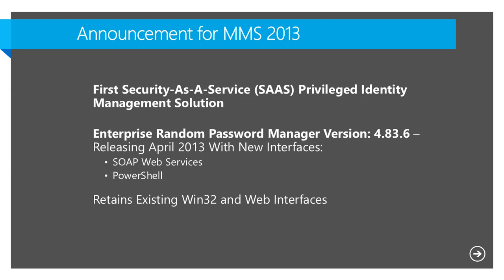And so what we're announcing here is a new capability, which is essentially security as a service for privileged identity management. And the way this is implemented is it's implemented as a SOAP web service, and it's also implemented as a PowerShell interface. Because it's a PowerShell interface, it directly interfaces with all the System Center components as well as with Orchestrator. It was actually designed with what Orchestrator does in mind.